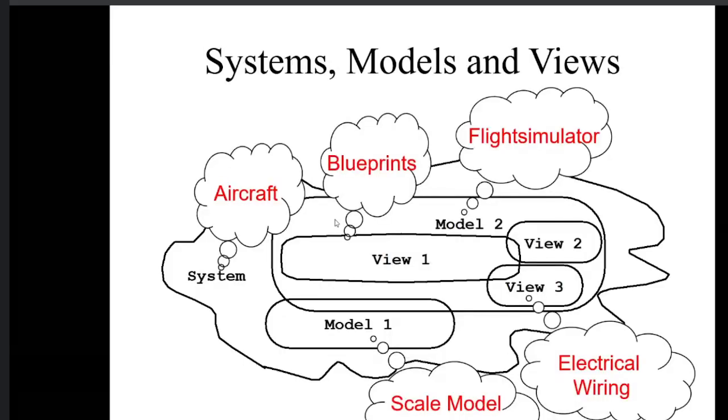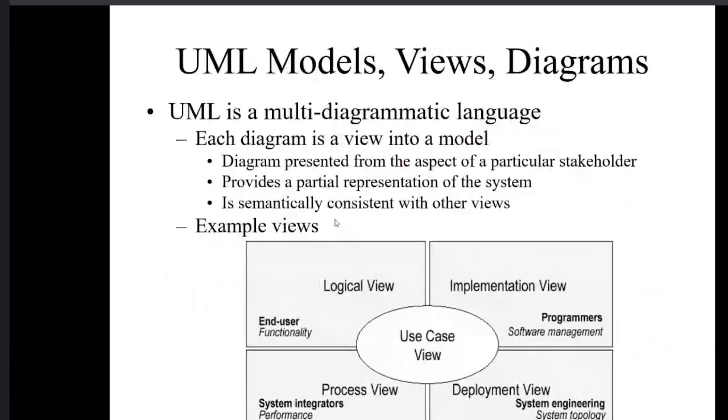Having understood these, let me tell you a little more. Each diagram is a view into a model. In UML we try to have a diagram for each smaller portion, as small as we can have.